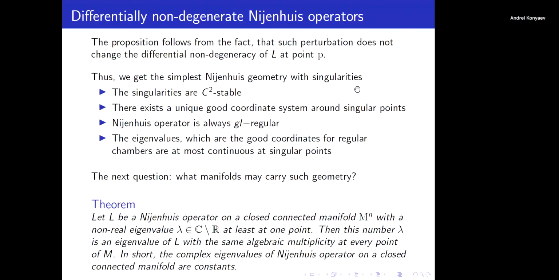So what manifolds can carry such a geometry? We do know that in applications, most of the applications, because, well, I'll be honest, our mathematical geometry is young, and there are a lot of questions we do not know answers to.